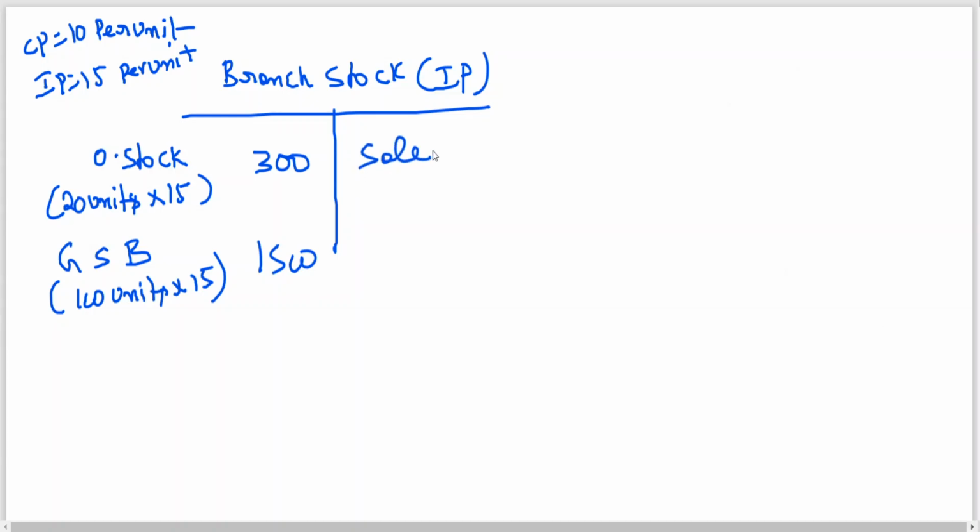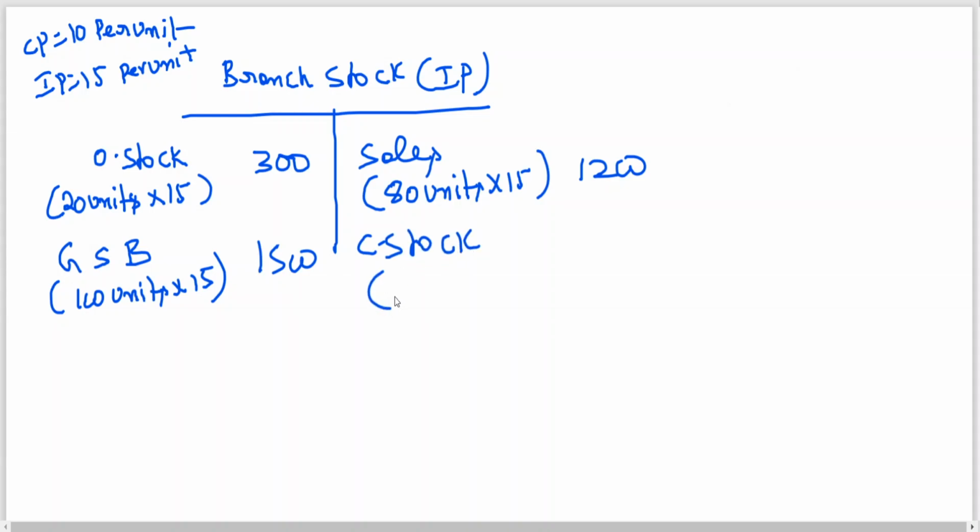Let us take sales as 80 units into invoice price, 1200. Let us take closing stock: 20 plus 100, 120 units, minus 80, 40 units. 40 units into 15. How much is it? 600.